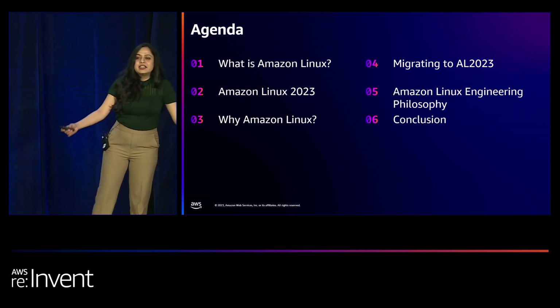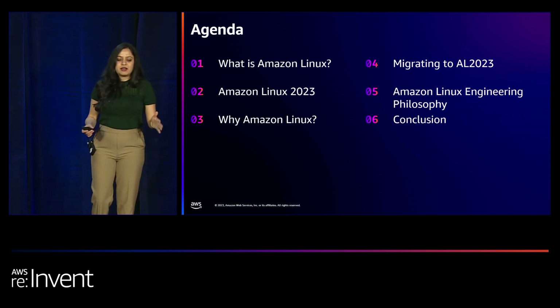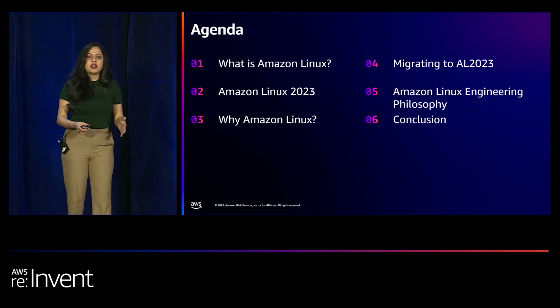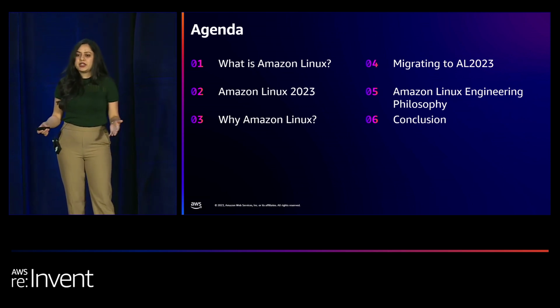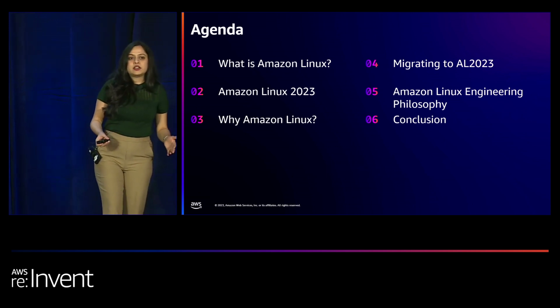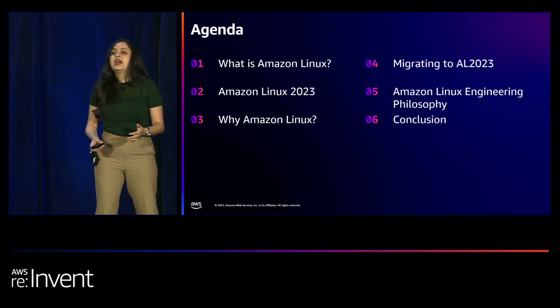All right, great. So today, we're going to do a brief intro to all things Amazon Linux. And then we're going to tell you a little bit about our latest version, Amazon Linux 2023. And then we're going to get into why Amazon Linux should be your operating system of choice on AWS.